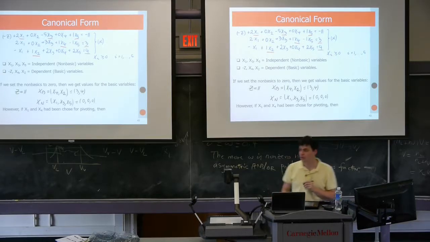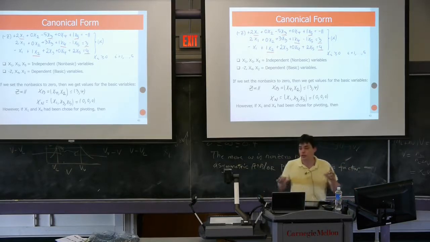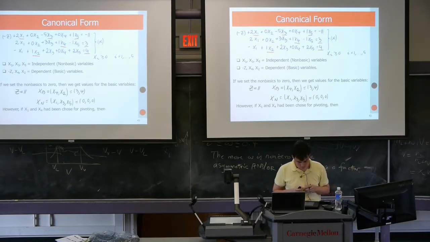Good. Right? So that's why we like this so-called canonical form, because it's very easy to get values for your variables. You can set your non-basic variables to 0, and then you can read the values of the basic variables very easily.